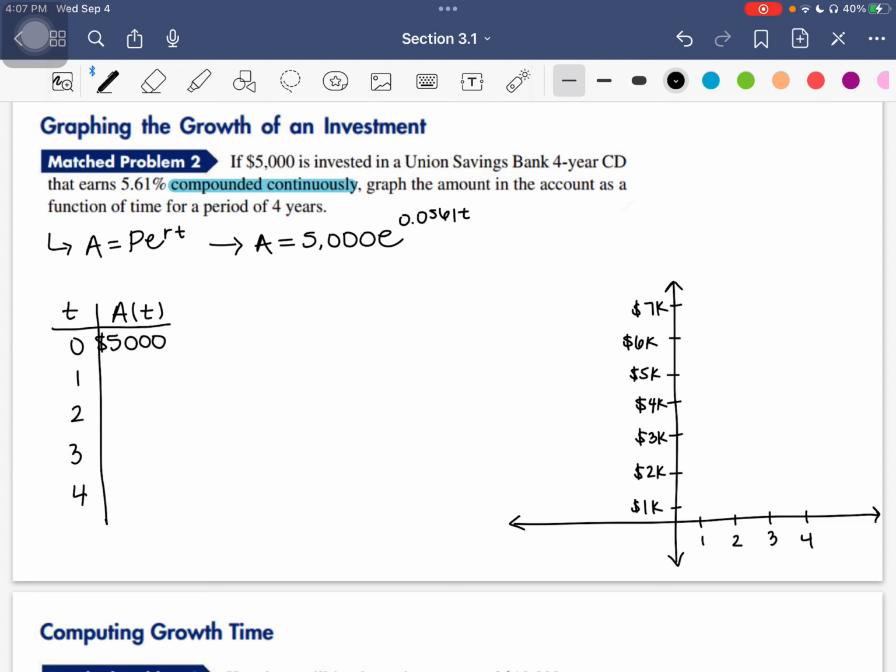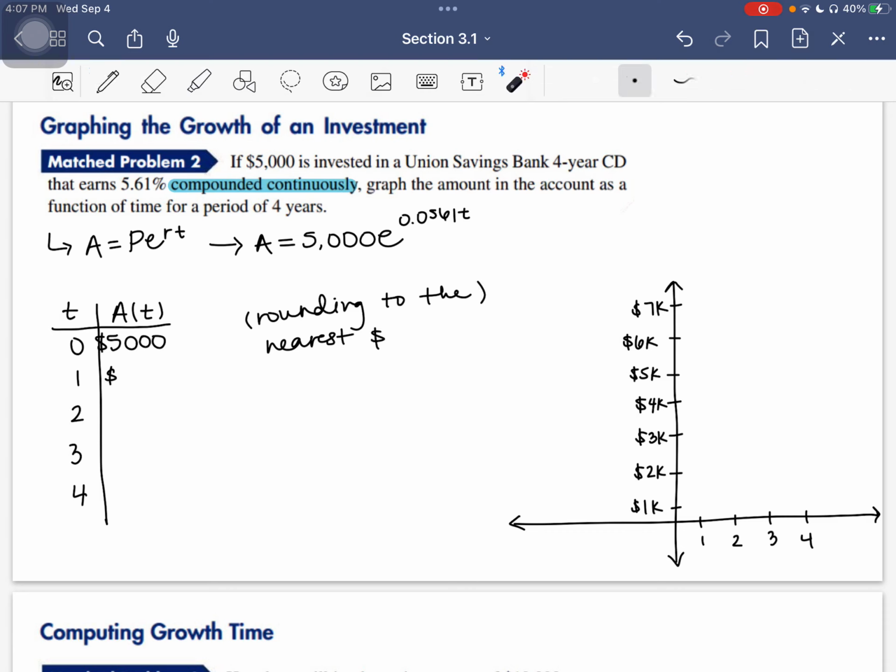So dollars. All right, now plugging the rest of these values into a calculator, we're going to be rounding to the nearest dollar.